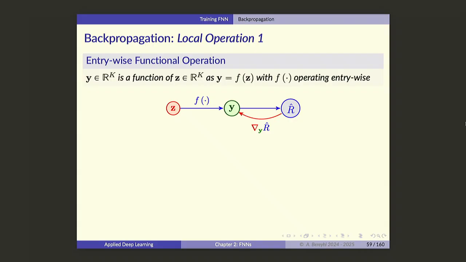Now you want to compute the gradient of r hat with respect to z. What should it be? It's a k-dimensional vector. So you're going to have the gradient of r hat with respect to z, which is the partial derivative of r hat with respect to the first entry, up to the partial derivative of r hat with respect to the last entry. Everybody's cool? So now, get back here: this guy should again be k-dimensional. Yes?